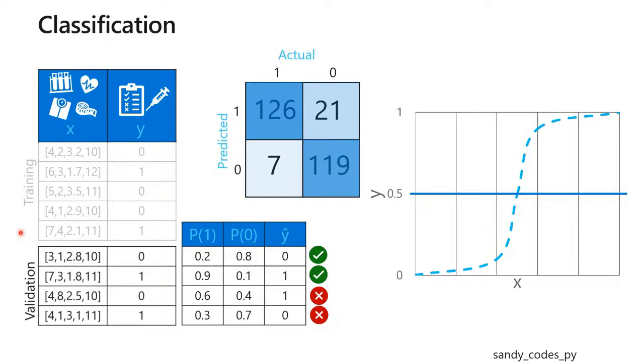So why do you split it in the first place? Someone can say, hey Sandy, why can't we put the entire data in training? Why do we need validation? What happens is the model tries to fit it very accurately.